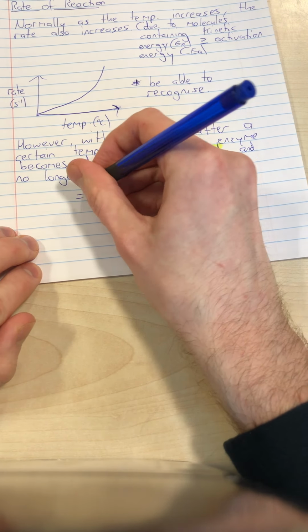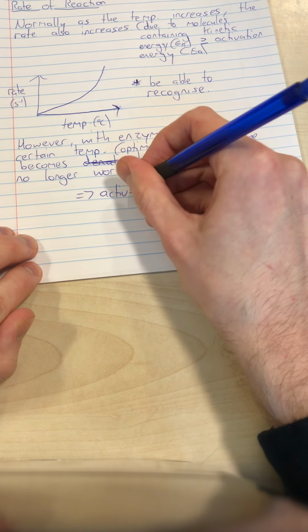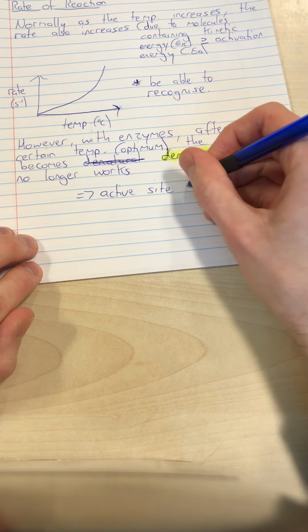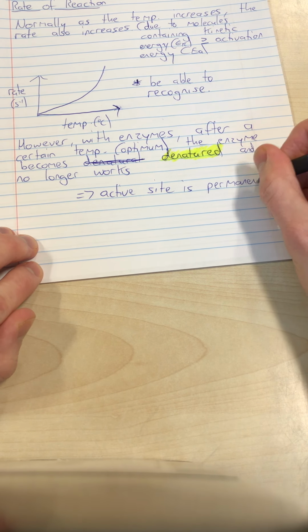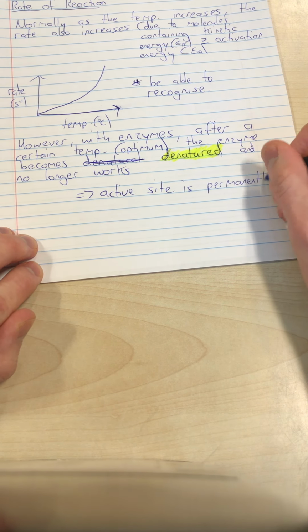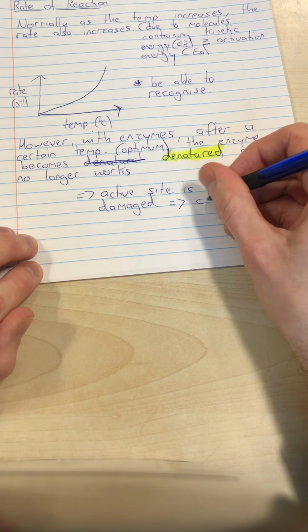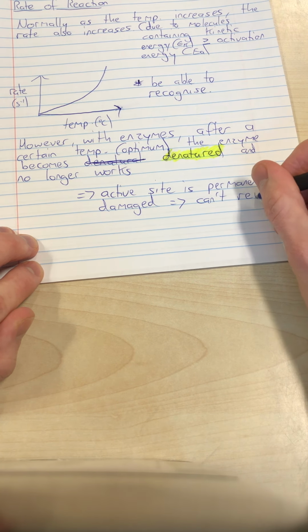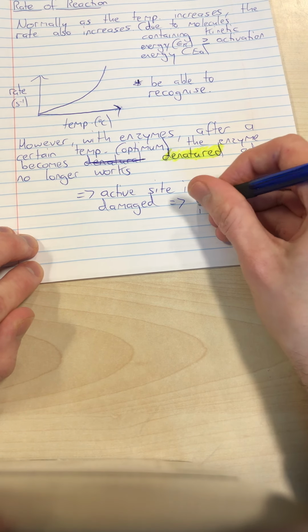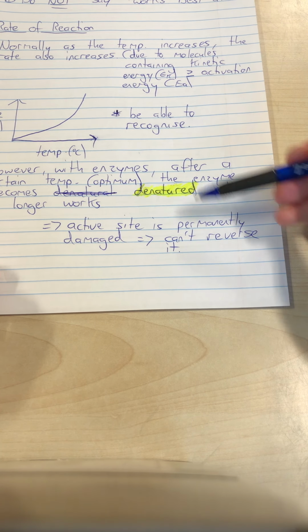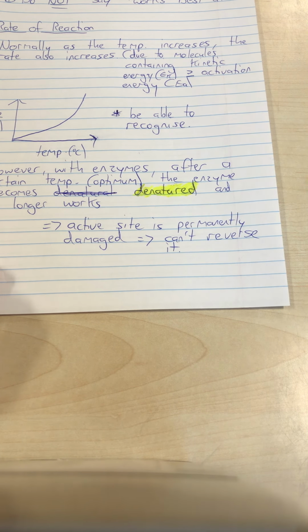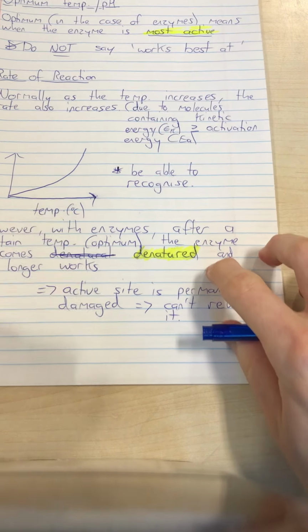What we mean by that is the active site is permanently damaged. And because it's permanently damaged, unfortunately, we can't reverse it. The minute that active site's been damaged, game over, we can't use the enzyme anymore, so we would need to chuck it and get a new one in.